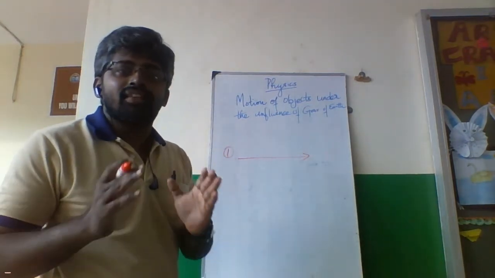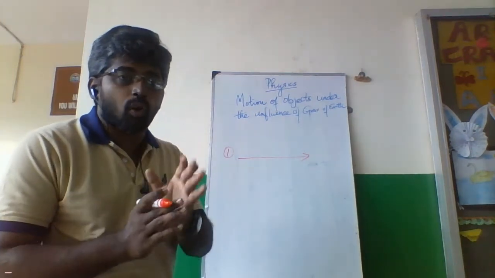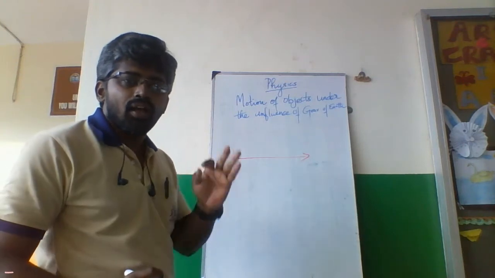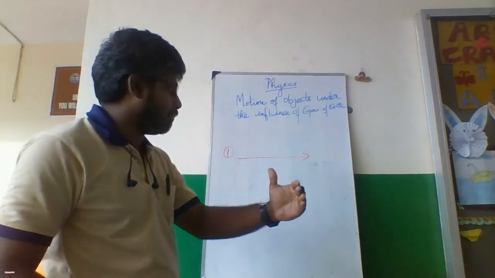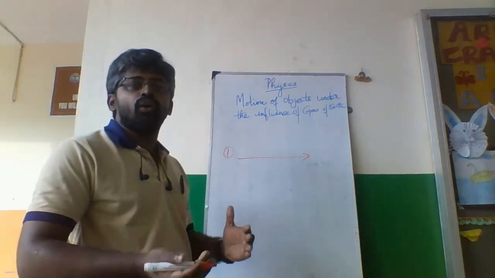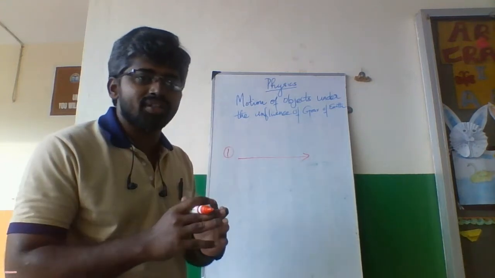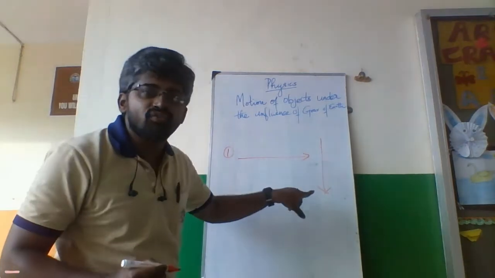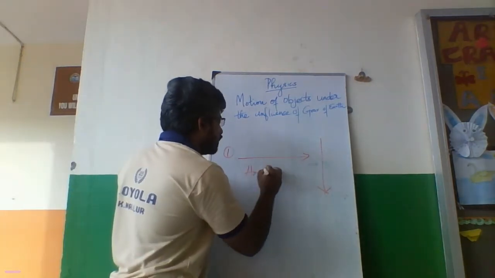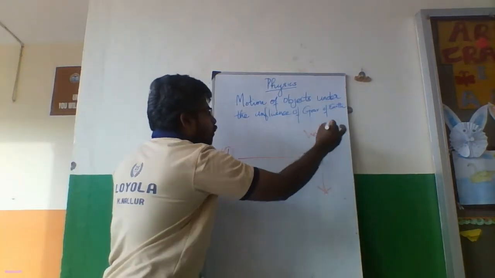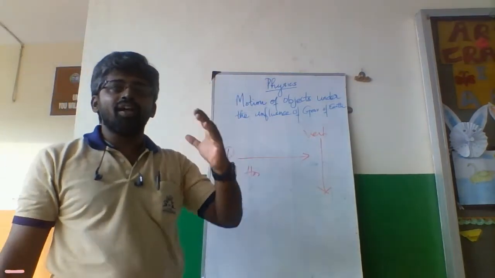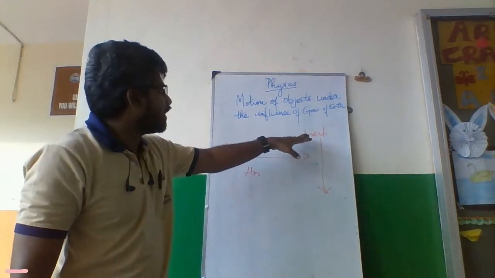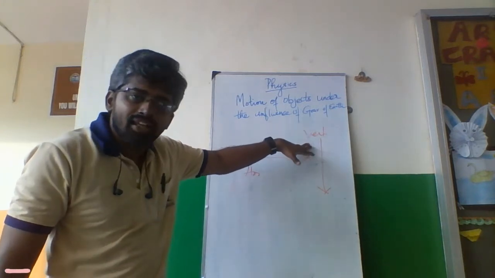We dealt with all three equations in horizontal motion, but now we are going to apply all those three equations in vertical motion. This is horizontal, this is vertical. Why vertical? Because whenever an object falls from a certain height, it undergoes vertical motion.